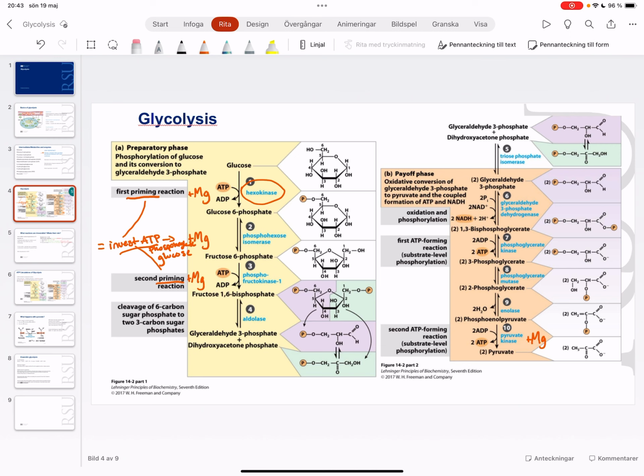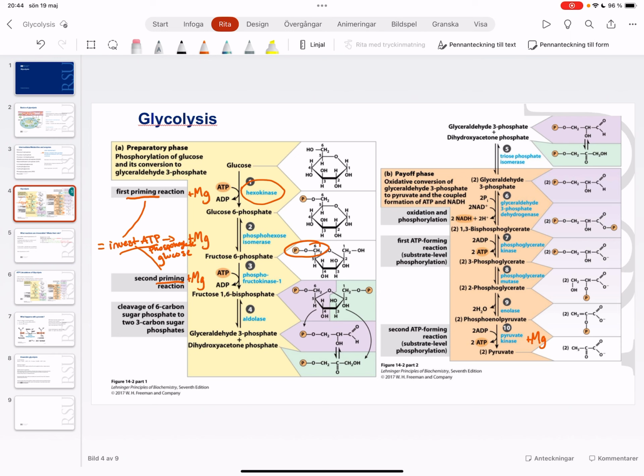What happens here is that we have the fructose 6-phosphate. On the 6 carbon we have a phosphate right here, and we will use another ATP here. So we invest another one, also with magnesium, and we produce fructose 1,6-bisphosphate.